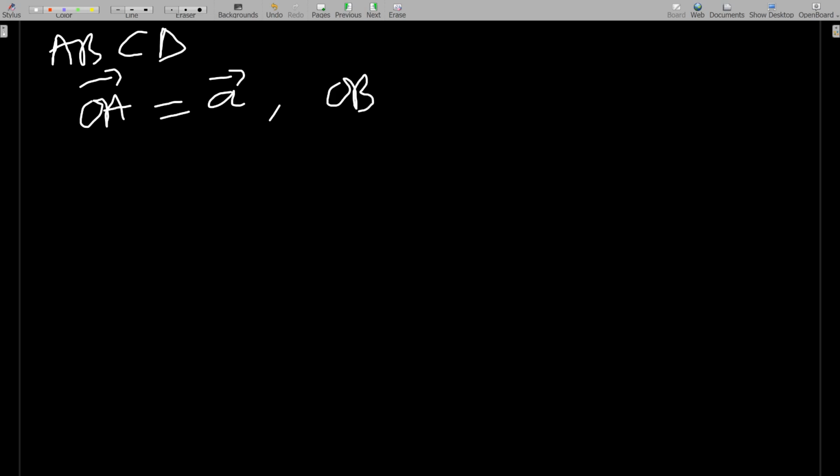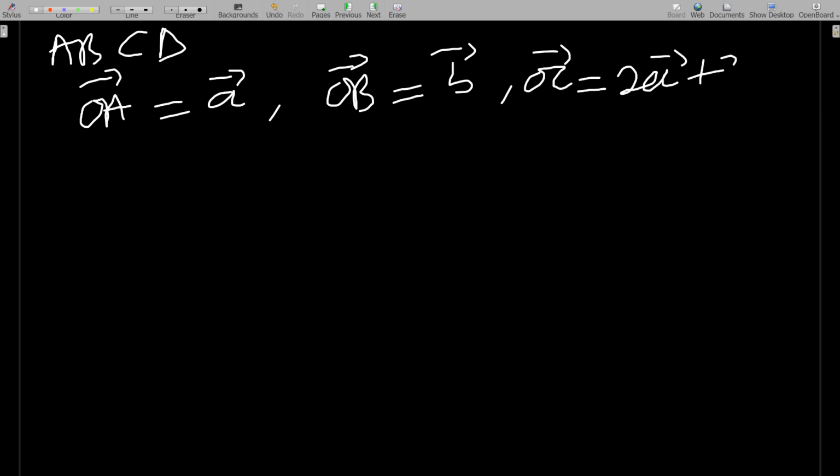First of all, what you have to do is write the given terms. We have the position vectors for A, B, C, D. For OA, the position vector is given as small a. For OB, it is small b. For OC, it is 2A plus 3B.